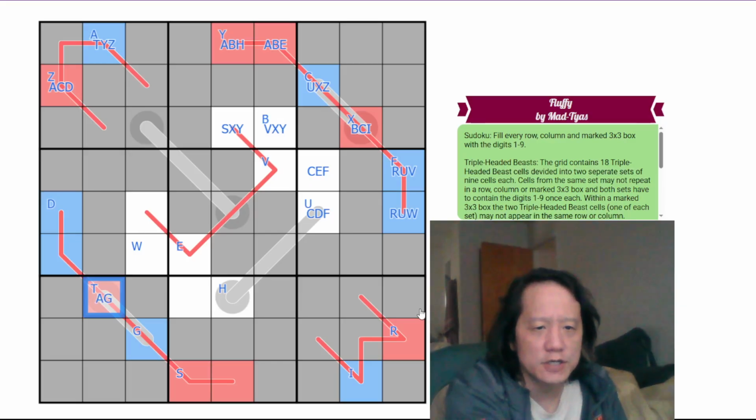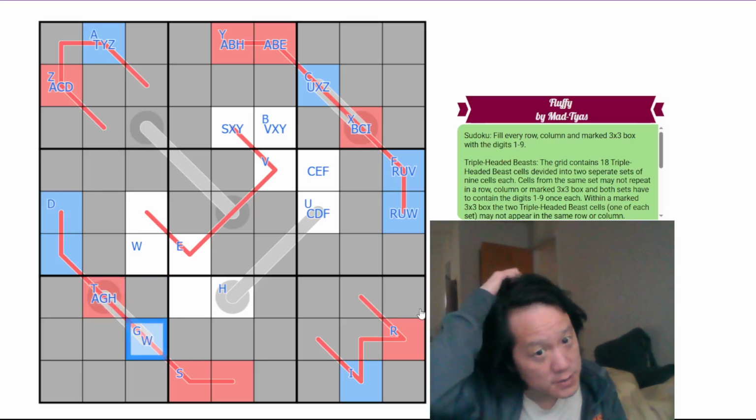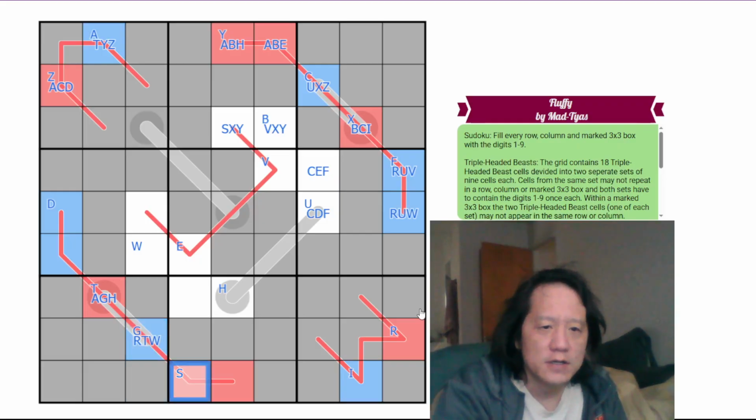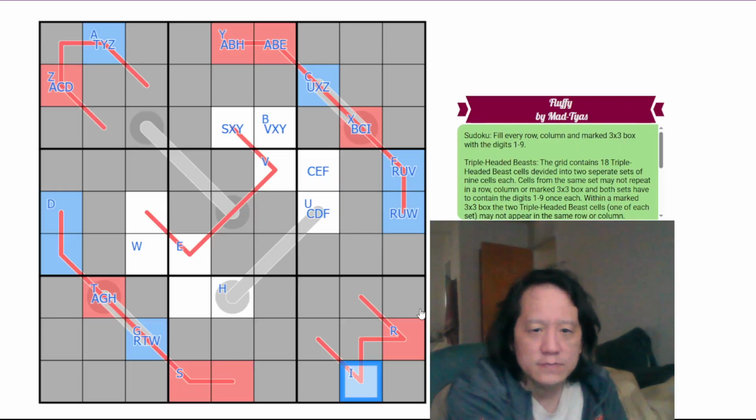A, G, and H. It had to be a GH no matter what. This is W, T, and R. This is XRS. This is FIG.